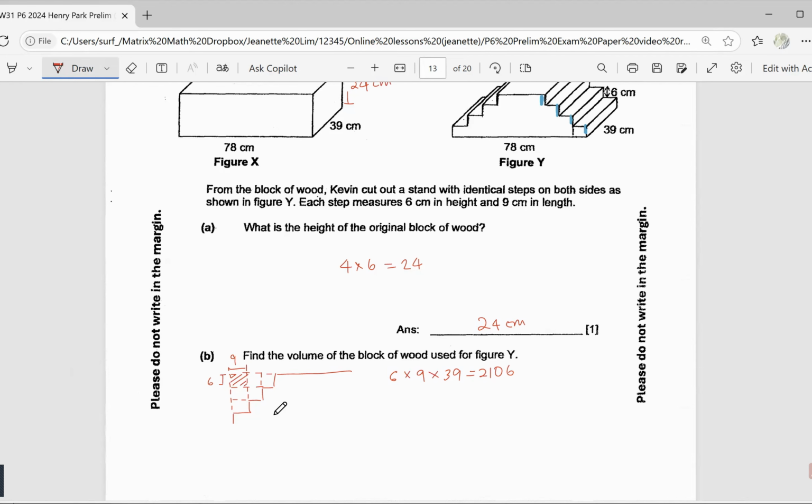Then on one side of the step, there's 1, 2, 3, 4, 5, 6. There's 6 of these. But then you also have the other side, right? So that's another 6. So you can just times 12. There are 12 of those sticks.